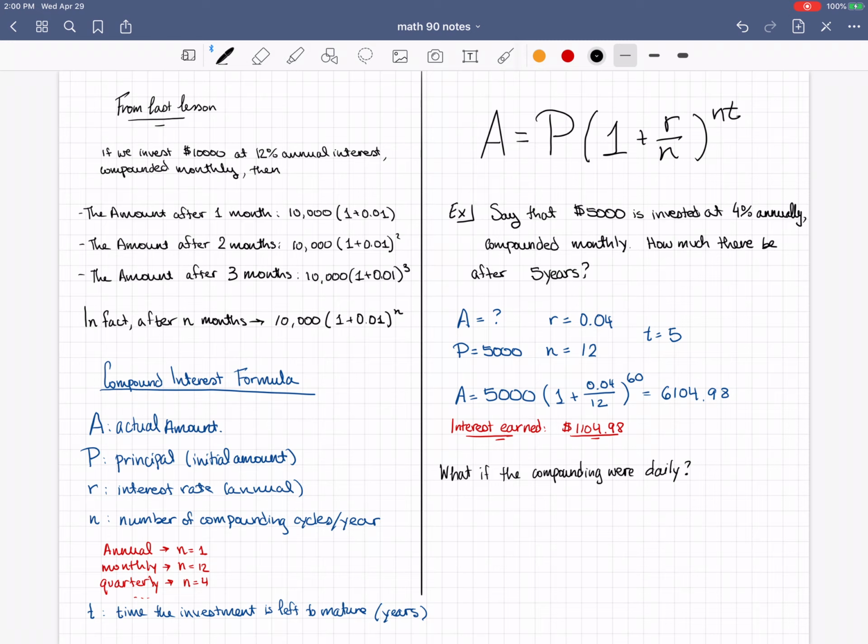So think about, do you think this is going to have a significant impact on the value of your investment? So there's a couple of things to consider. First of all, there are roughly on average 30 days in a month. So you're compounding 30 times more frequently. Okay, so that might seem to be an argument to say, oh, it's going to make a really big difference on the amount that you're left with.